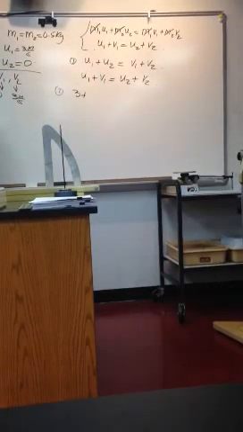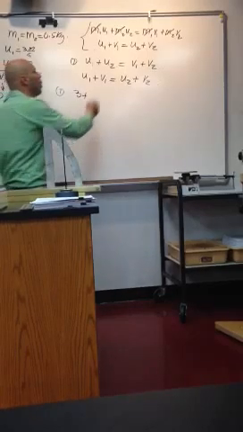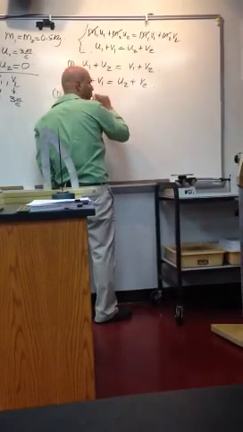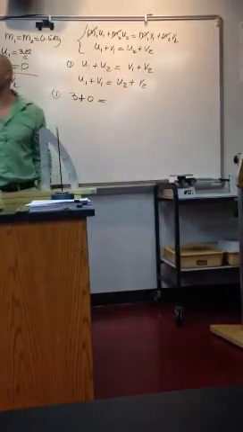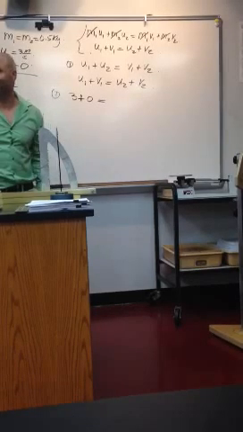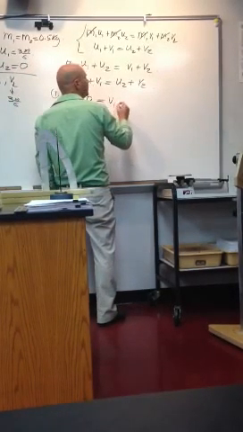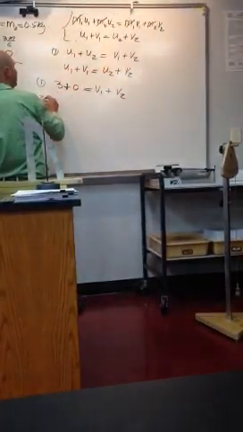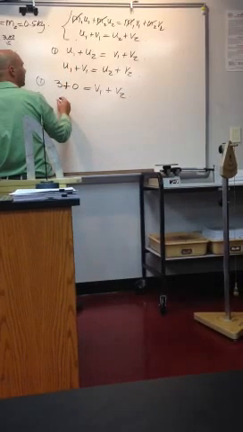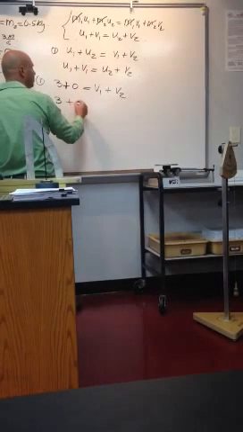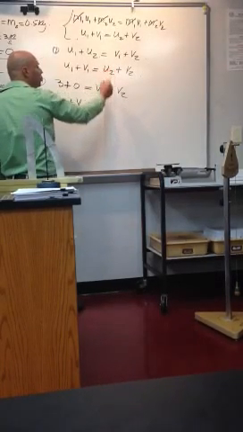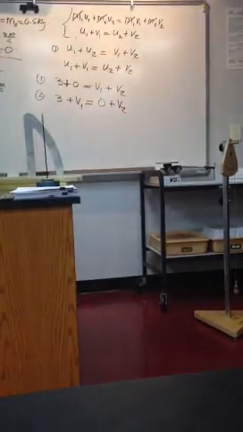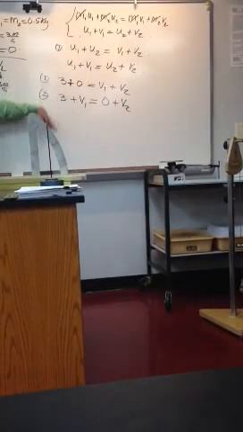It's called simultaneous equations. What is U2? 0. What is V1? We don't know, that's what we are looking for. V1 plus V2, we don't know. On the second equation, U1 is 3, V1 we don't know, equal U2 which is 0, plus V2. Is that right? Since I have two unknowns, I have to solve the system of equations.